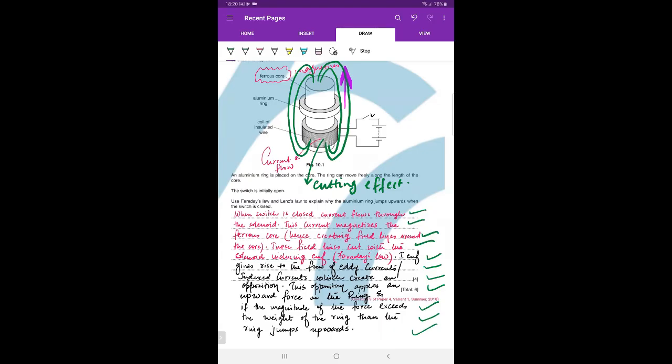So the black wording was the continuation of the red statements, the red statements leading to the idea of Faraday's law, and the black statements extending that idea leading to the opposition as per Lenz's law.